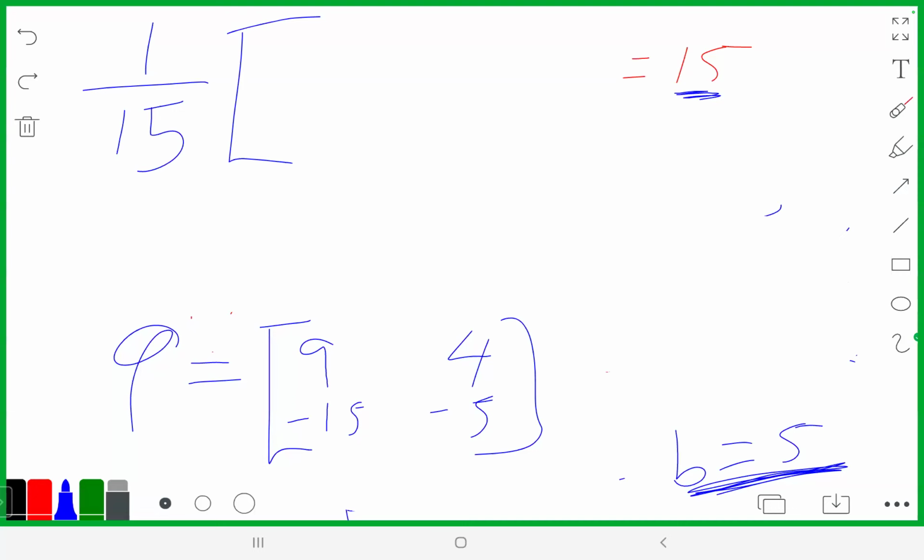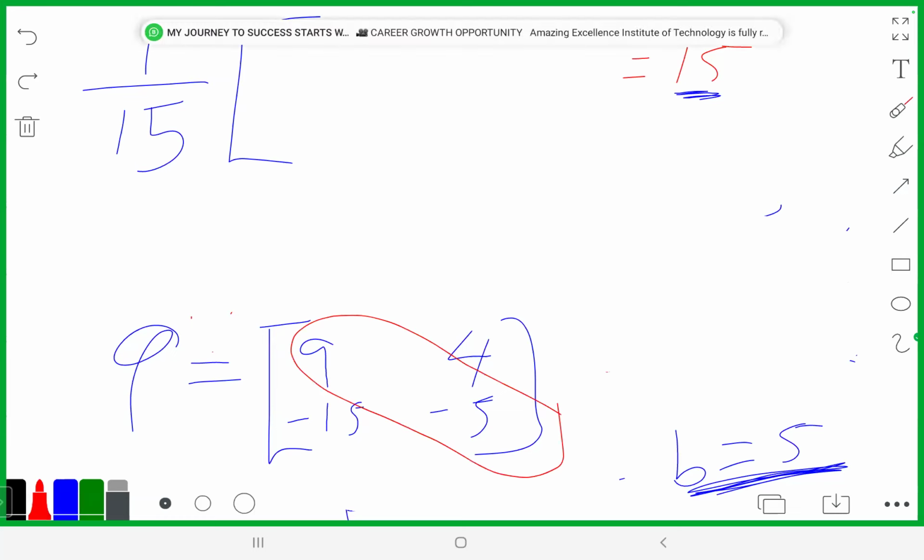What do we do to these numbers in the major diagonal? Do you remember what we said? What do we do with the numbers in the major diagonal? Swap the position. -5 and 9 here.